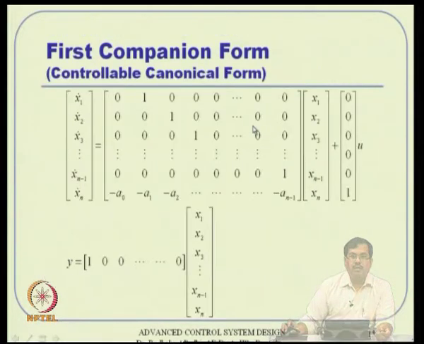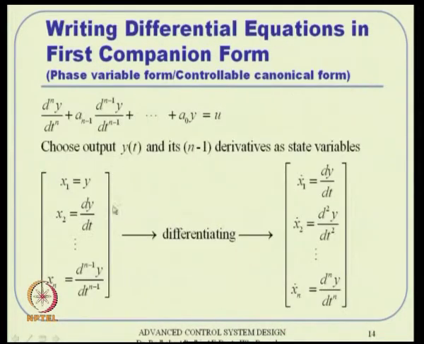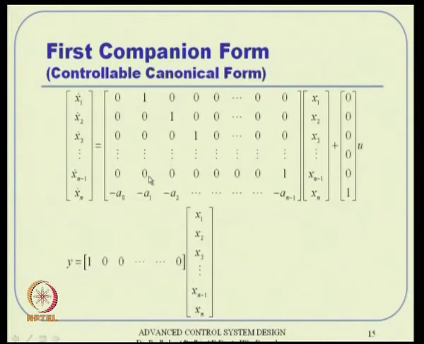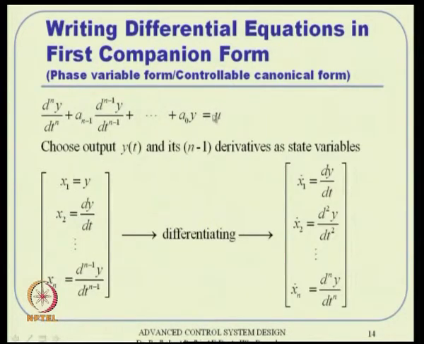Okay. Now, coming to the last equation, x n dot, all these things you put in the right hand side, and you see that it is minus a0 times y, and y is x1. So, it is minus a0 times x1, then minus a1 times y dot, which is x2, like that actually. So, it is minus a0 times x1 minus a1 times x2, and so on, minus a n minus 1 times xn, and then there is a u component here, that is 1 into u.